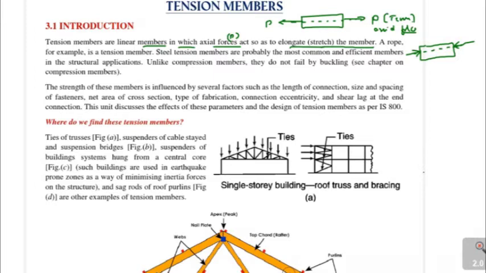You can give a general example of a tension member. We have many bodies that we see every day which are subjected to tension. Let me give you a general example, that is a rope. A rope is nothing but a tension member when it is subjected to tension. For example, there is a well and someone is trying to take water out of it.